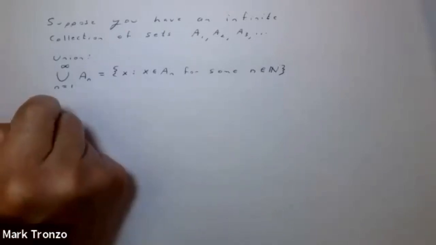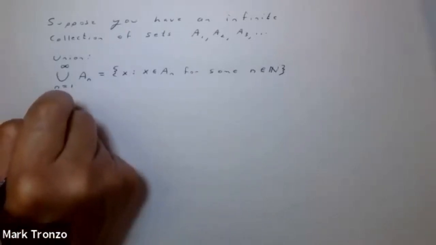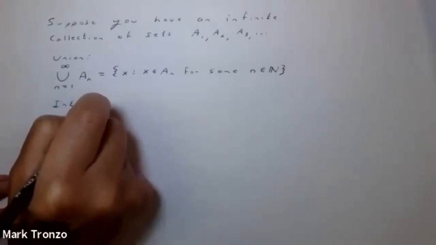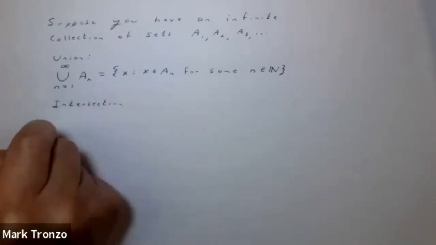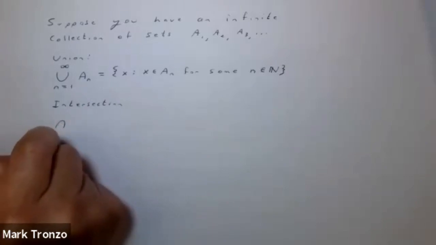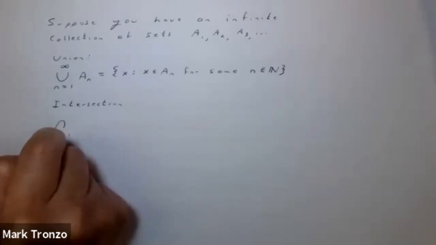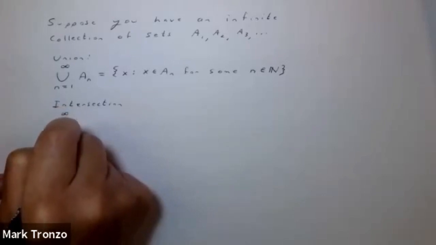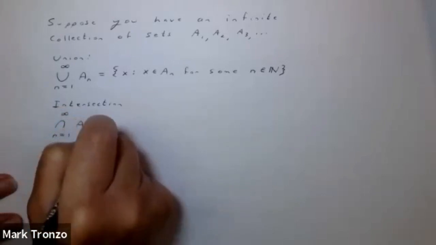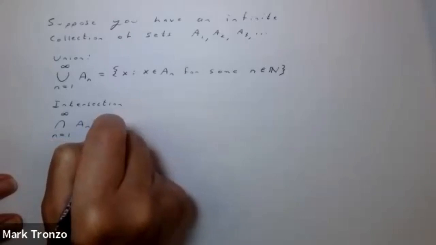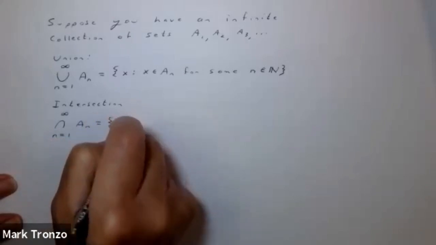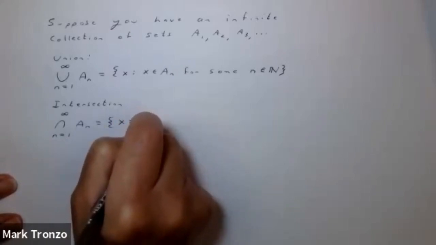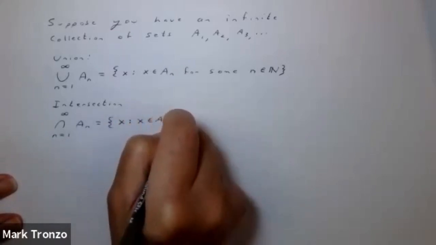And then the intersection of an infinite number of sets is going to be the x's such that x is in An.